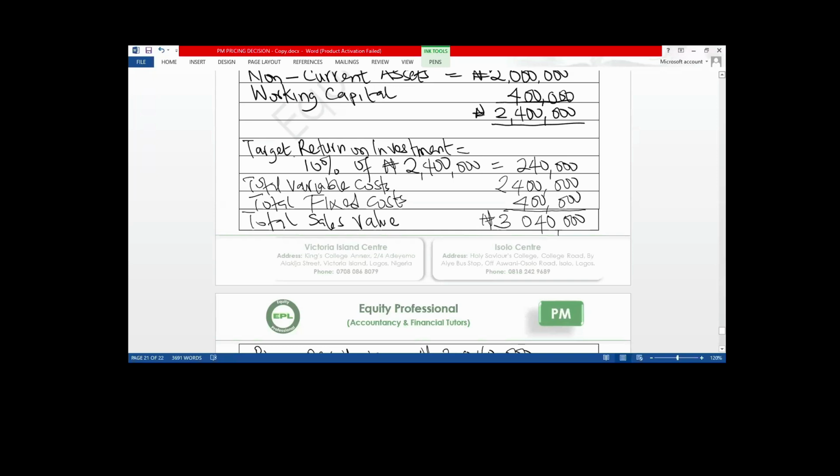But they can even charge more than this. They can charge 100 naira, sir, based on this calculation. And if it will be a cost leadership method, which is the third one, the company will rather use the target return on investment method.